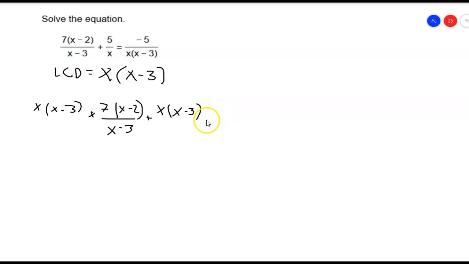And that's going to be times 5 over x. And then that's going to be equal to negative 5 all over x times x minus 3. And remember, we're multiplying that by the LCD of x times x minus 3.